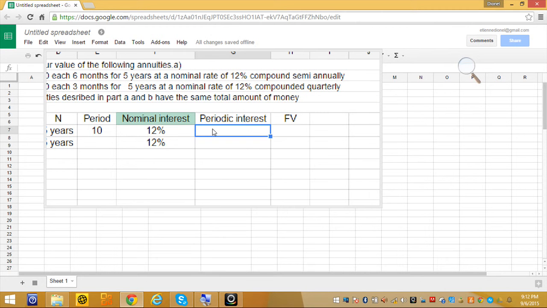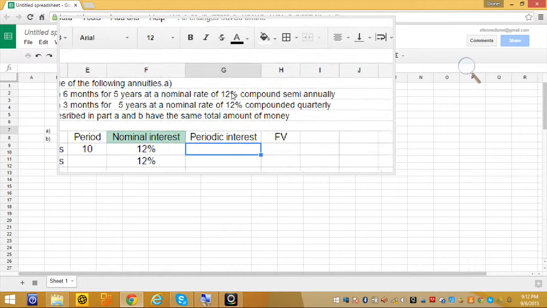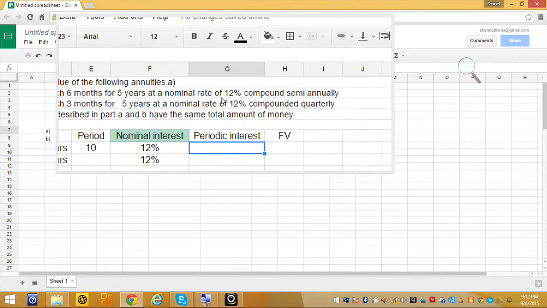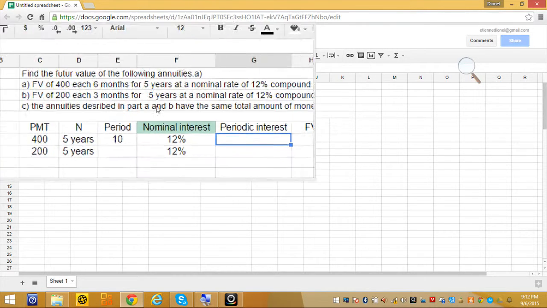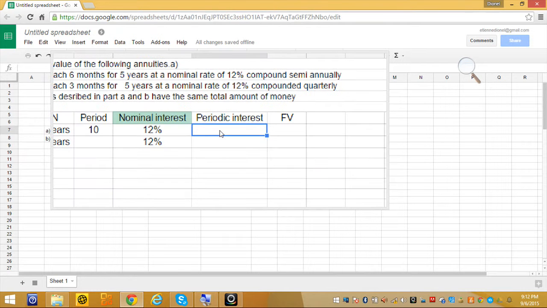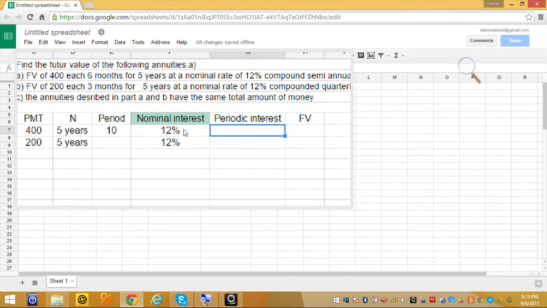the periodic rate gonna be 12% divided by 2. You understand? That's gonna give you 6%. And this, you understand, because you have a 12% nominal rate, but for each 6 months. If you have 12% for 1 year, the nominal rate is what you get for 1 year.